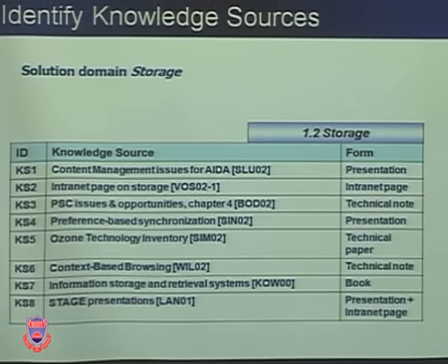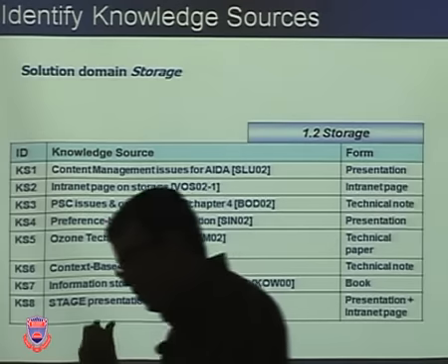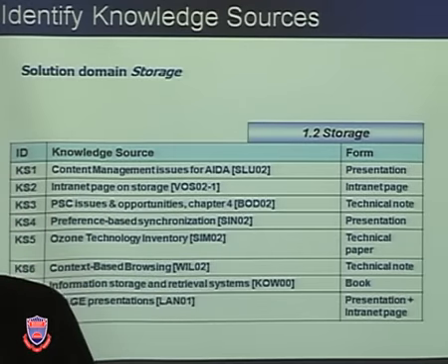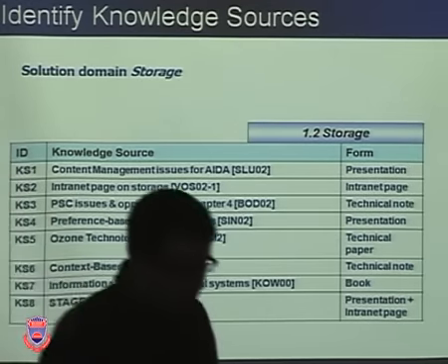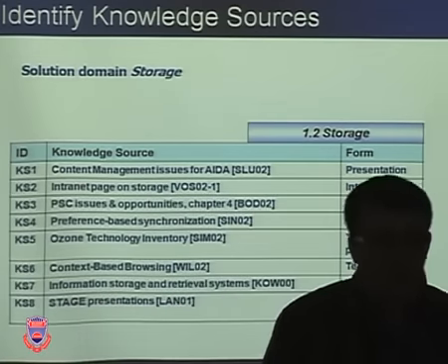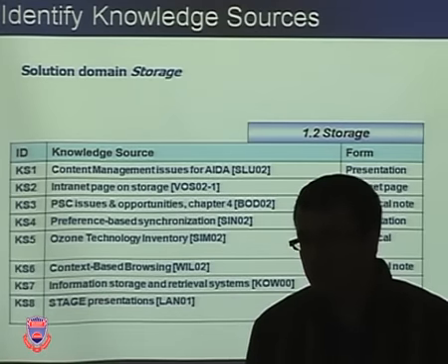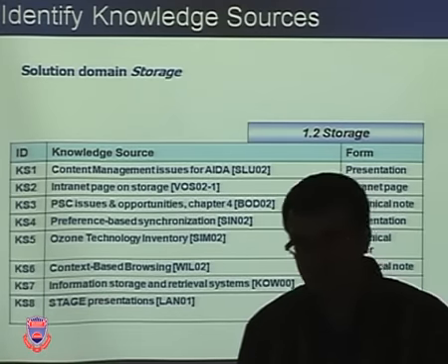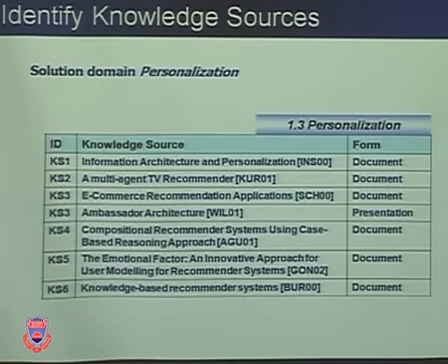Again, as you can see, these can be presentations, technical notes, papers, books, and of course these knowledge sources have been evaluated. I didn't do it myself. By looking at the abstraction quality: is it relevant and is it objective? For personalization, the same.